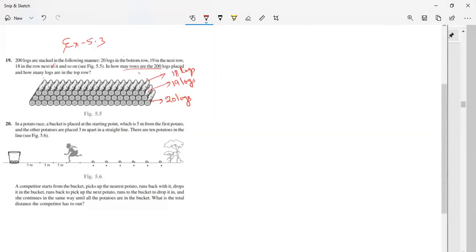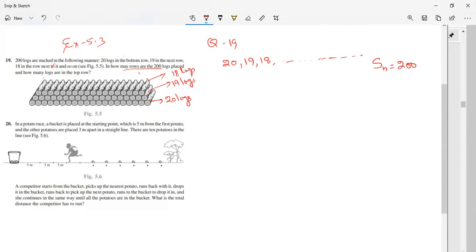So that means our series is an AP which is starting from 20, 19, 18, and so on. But we don't know how many terms will give you the sum as 200. It is given that total logs to be placed are 200.